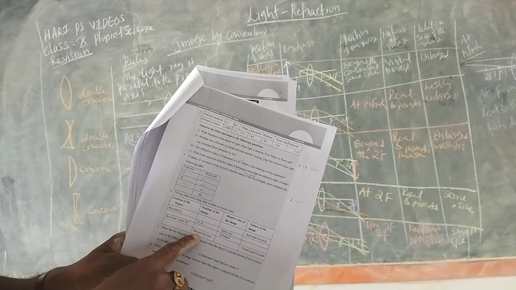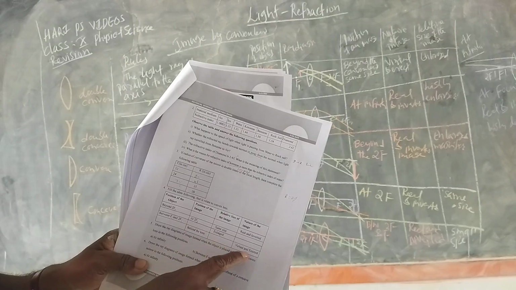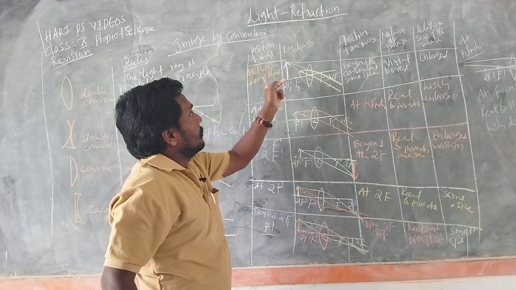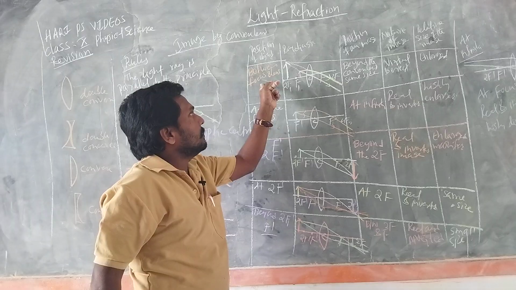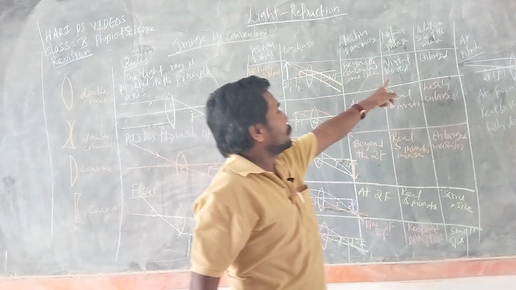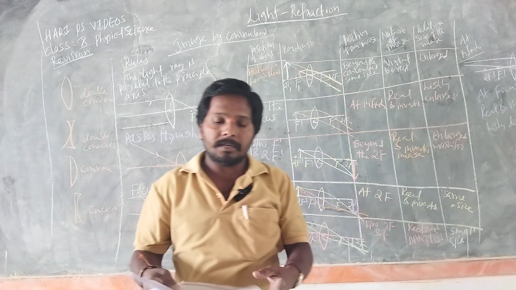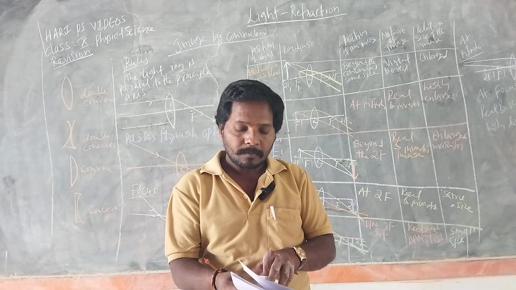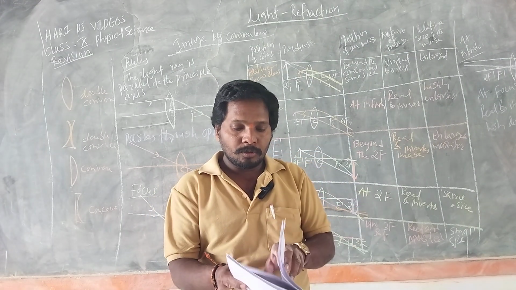Object between focus and the lens: image is formed behind the lens, virtual and erect, enlarged. So whatever type of questions they ask in the examination, you will be able to answer them, right?